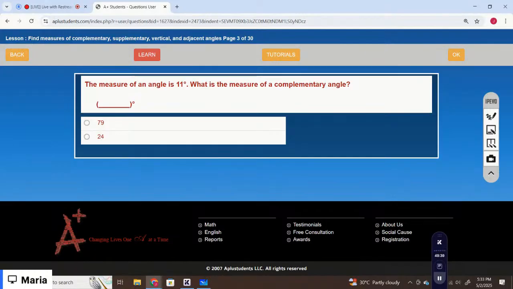That is 79 degrees. Option number one is the correct option.